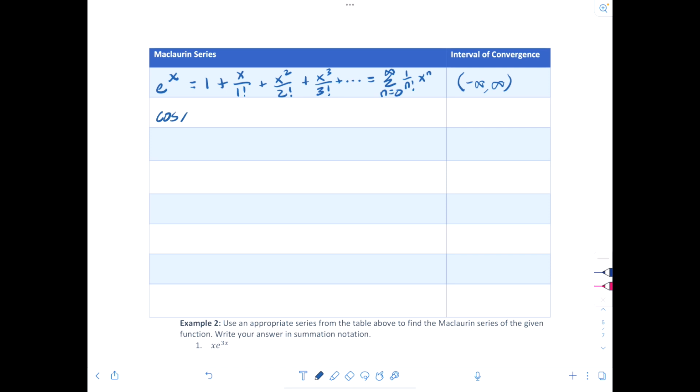And then cosine of x. We've also played with that a little bit in looking at Euler's formula.